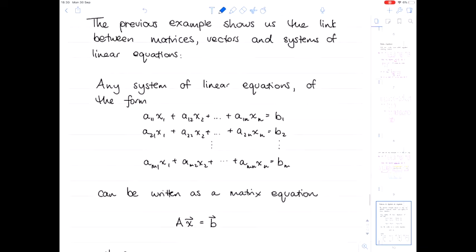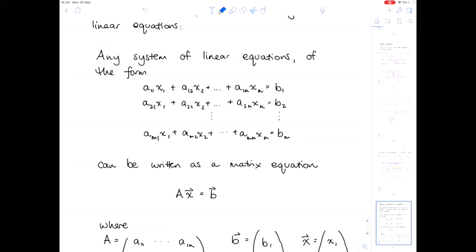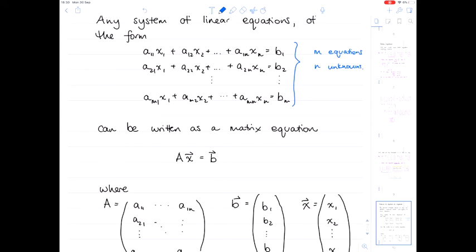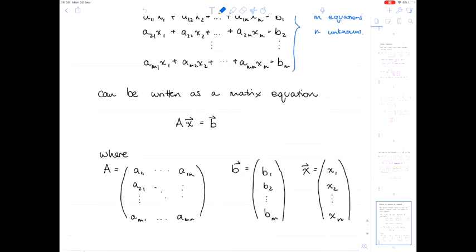So what we have is that if we have any system of linear equations, so here we've got m equations and n unknowns or variables, we can rewrite this as a matrix equation where our matrix A takes all the coefficients of the variables across the equations.